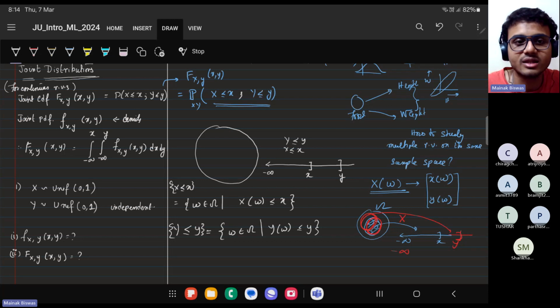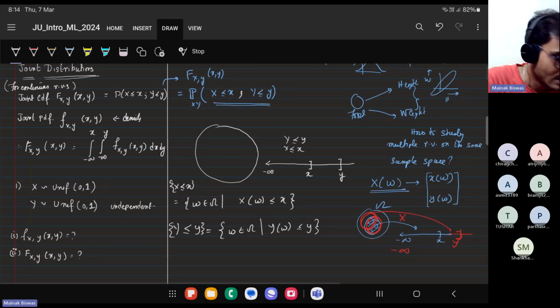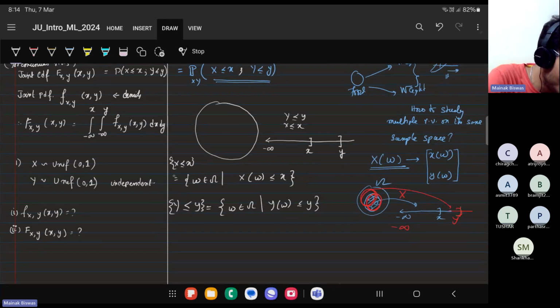I could define it in terms of Bayes rule also. So what would it look like in terms of Bayes rule and joint events? If both of these events have to occur, the CDF would mean both of these events have to occur.